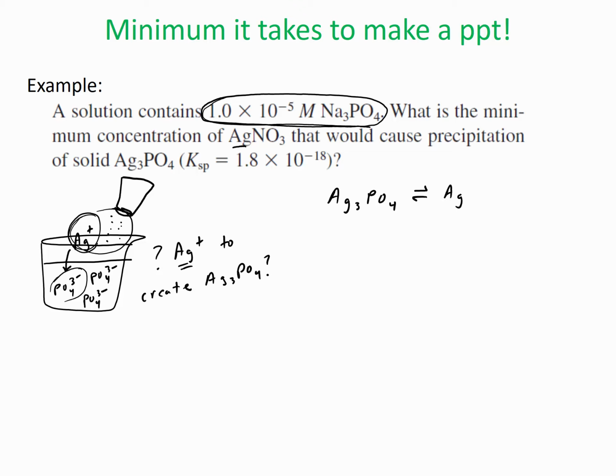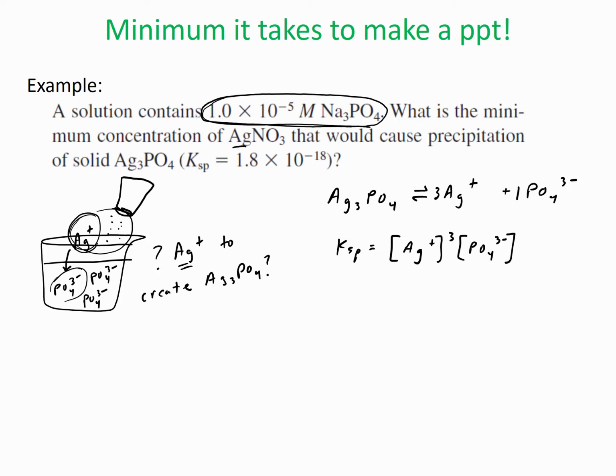So Ag 1 plus, PO4 3 minus, and this is going to be 3 of those and 1 of those. So in my expression, Ag is going to be cubed, and the phosphate ions are going to be to the first power.